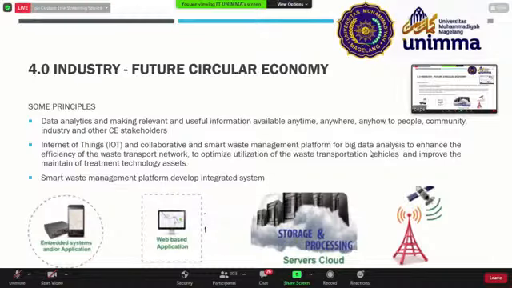And this smart waste management platform develops integrated system. So we just need to use this to support our circular economy activity.